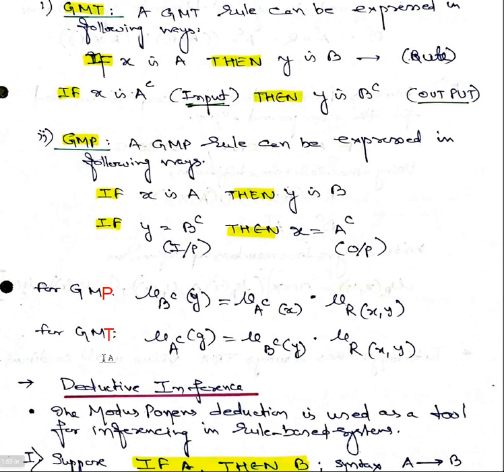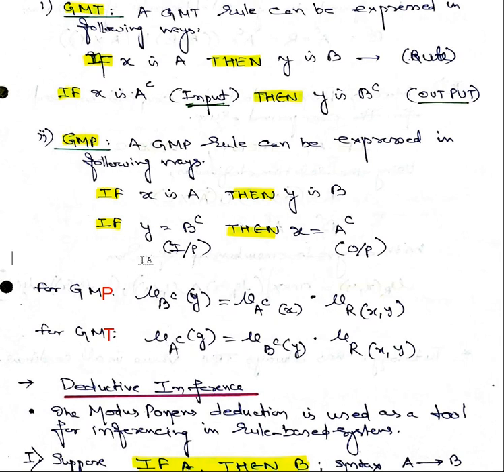This is the relation. And for GMT representation, we state that mu A of the complement of x equals mu B of the complement of y times mu R of x, y. Here R is the relation between x and y, this is the complement of fuzzy set B, and this is the complement of fuzzy set A membership.